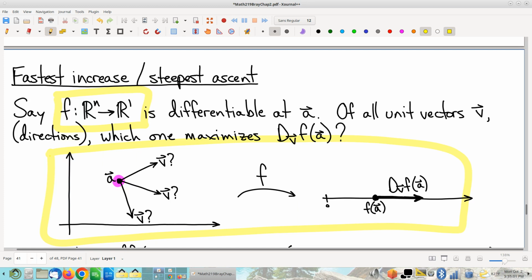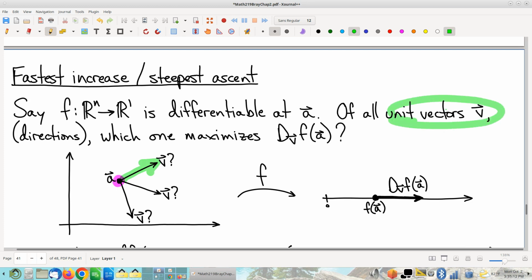We are going to ask a question, which is, if I were to start moving in some direction in the domain, a unit vector, of course, this being Math219, the unit vector is going to represent a direction.